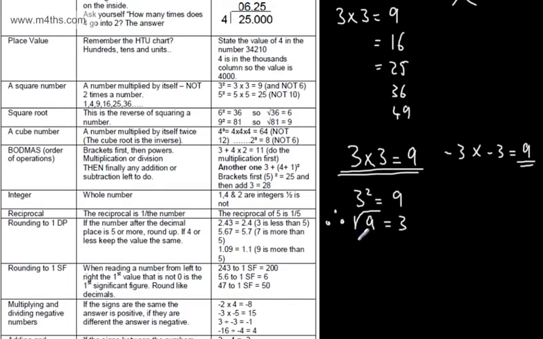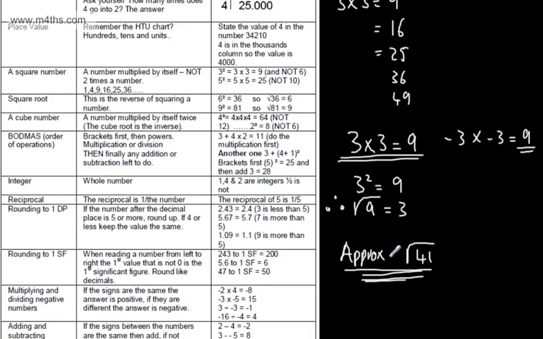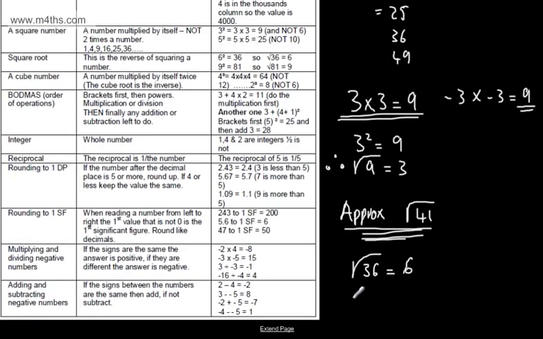Okay, now again, going back to a typical exam style question. Recently, exam style questions have been coming up and they said approximate or find an approximate value of the root now of 41. And this would be on a non-calculator paper. Now if we think about this, we can work it logically. I know that the square root of 36 is going to be equal to 6. 6 times 6 is 36, so square root of 36 is 6.